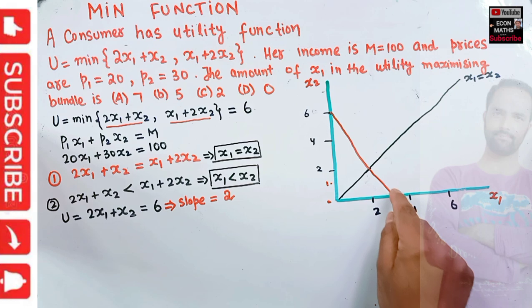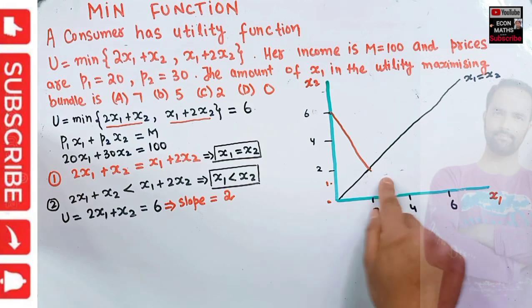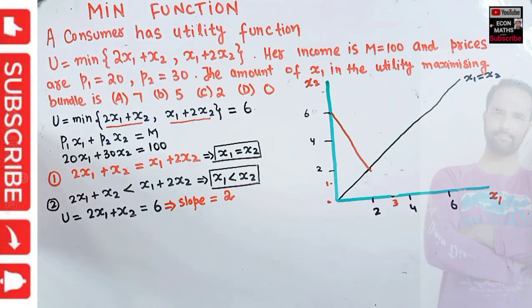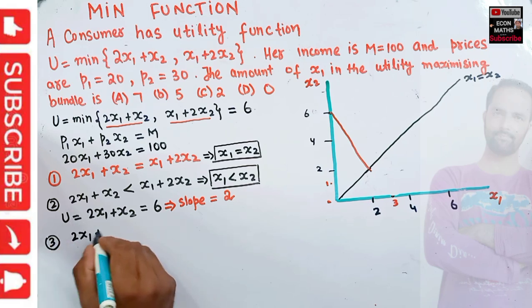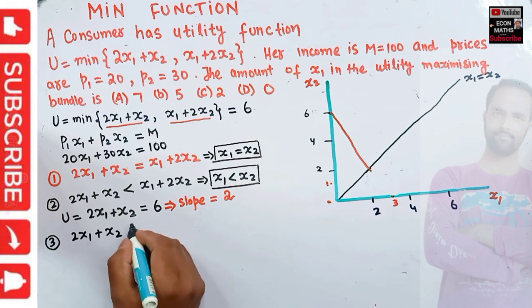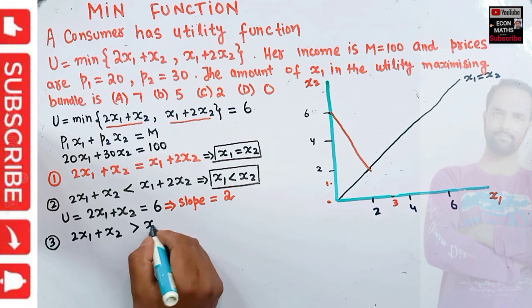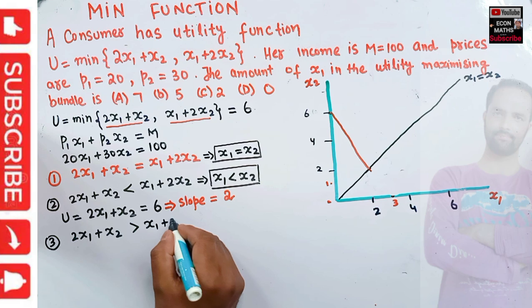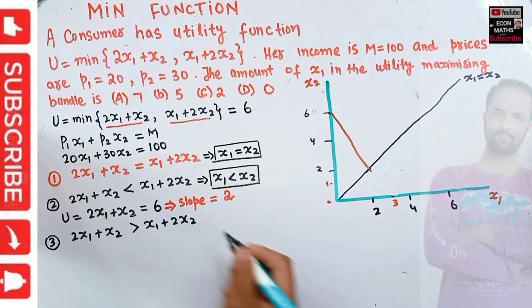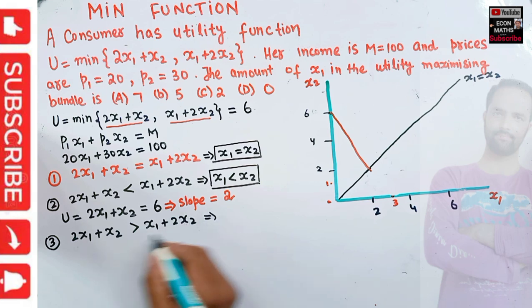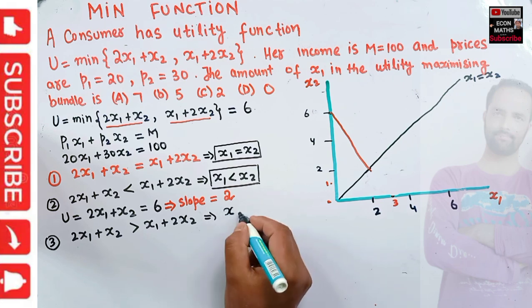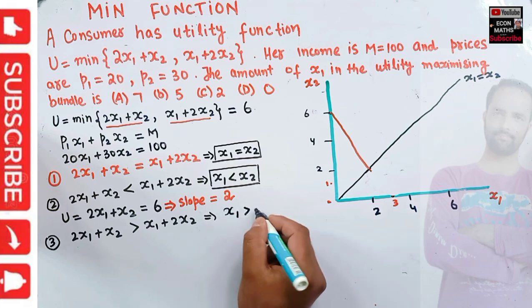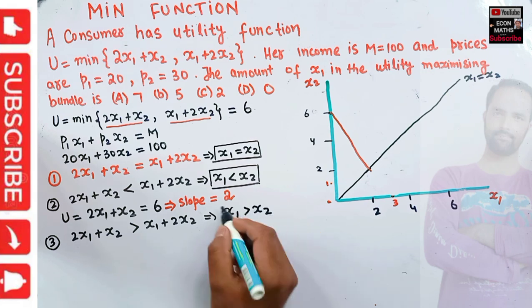Now let me rub this out. Another case, the third case, can be when 2x1 plus x2 is greater than x1 plus 2x2, which implies, when you solve this, that x1 is greater than x2.